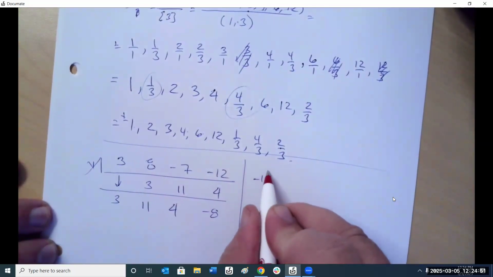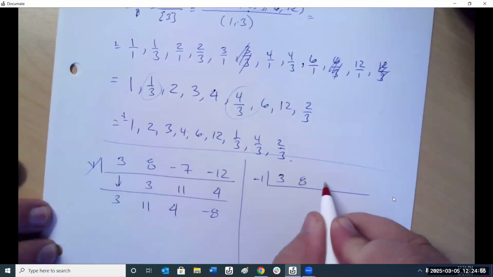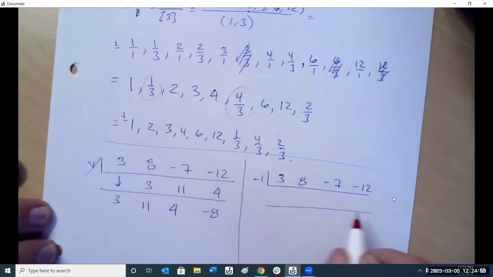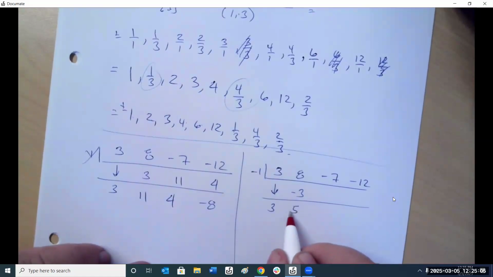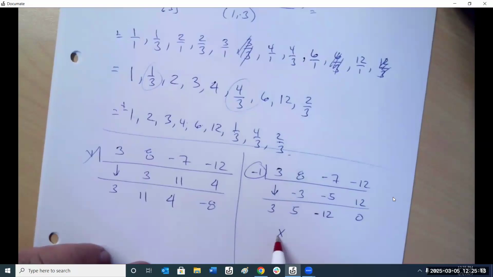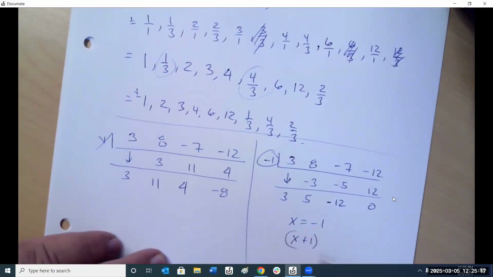How about negative 1? So it's negative 3, 5. Yes. So x equals negative 1. So x plus 1 is a factor.